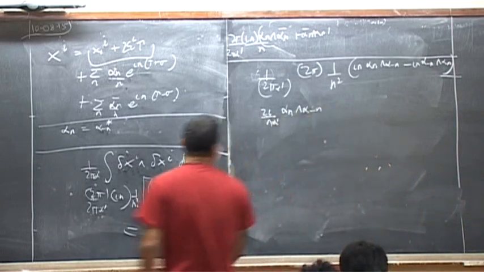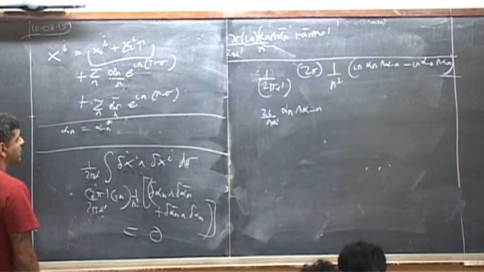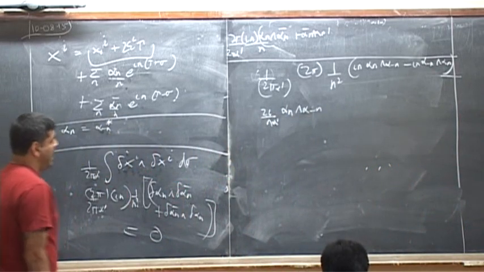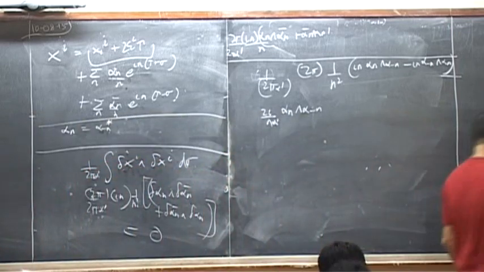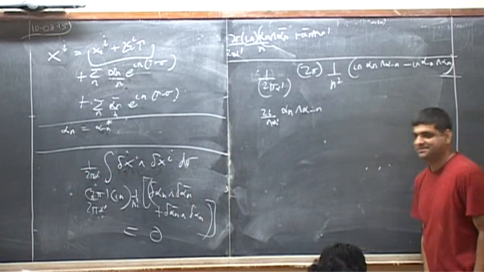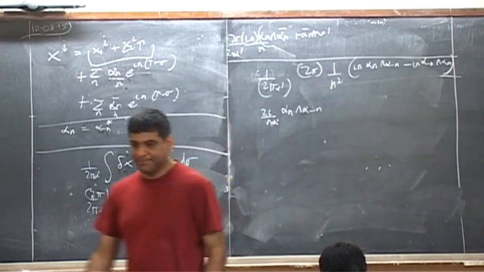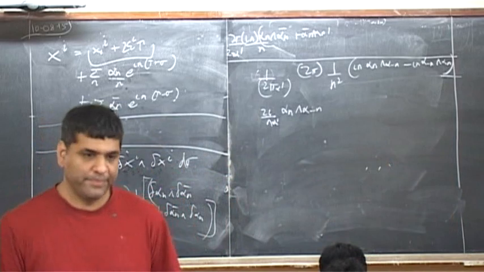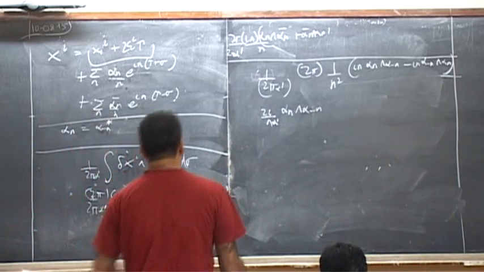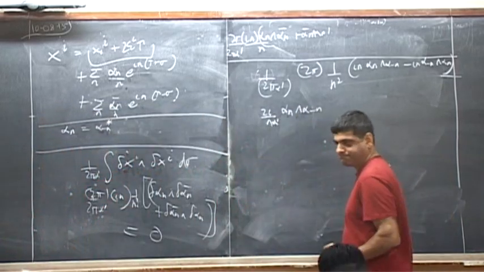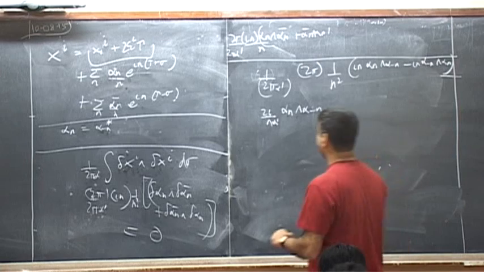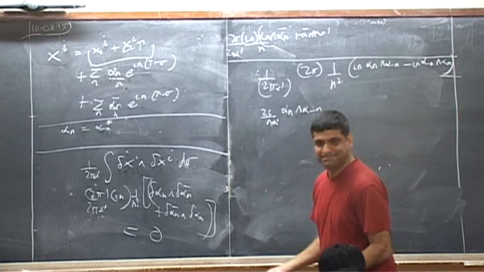Excellent. And now we can simply quantize, because we know the rule. The rule is that if you've got this kind of symplectic form, then the Poisson bracket is the inverse.